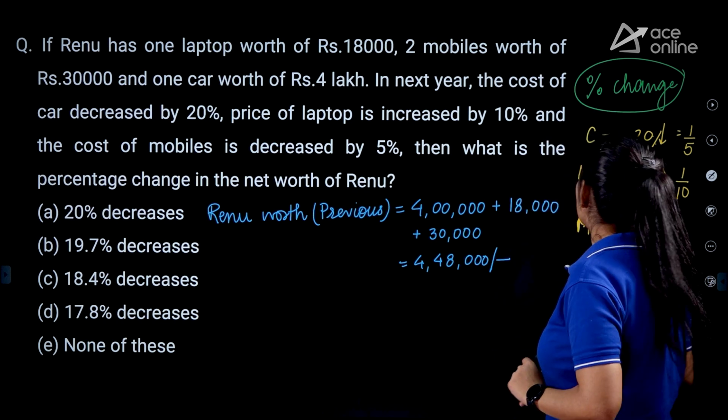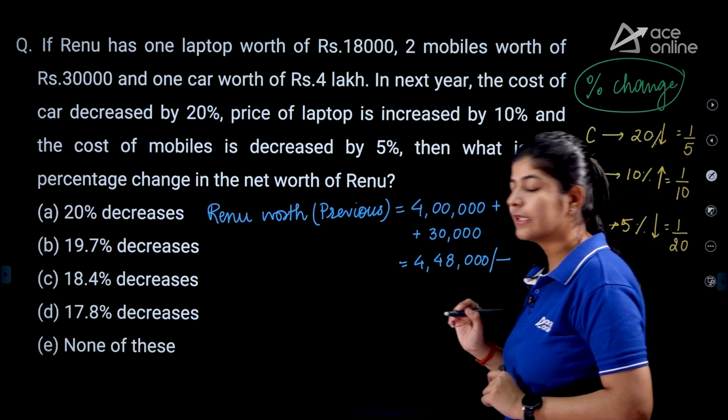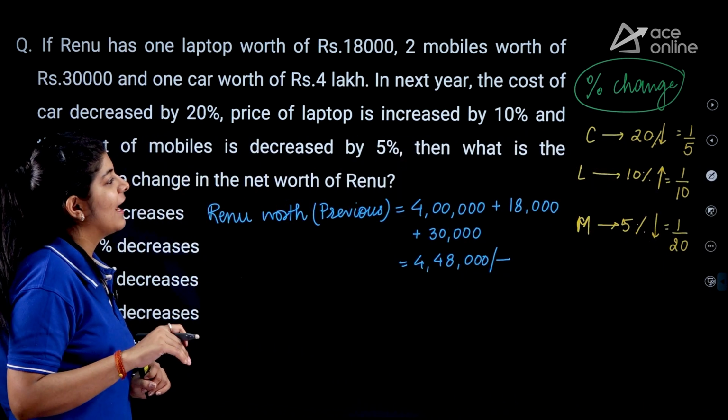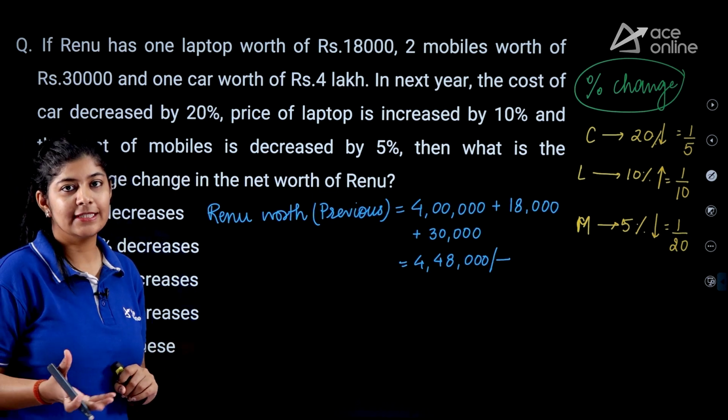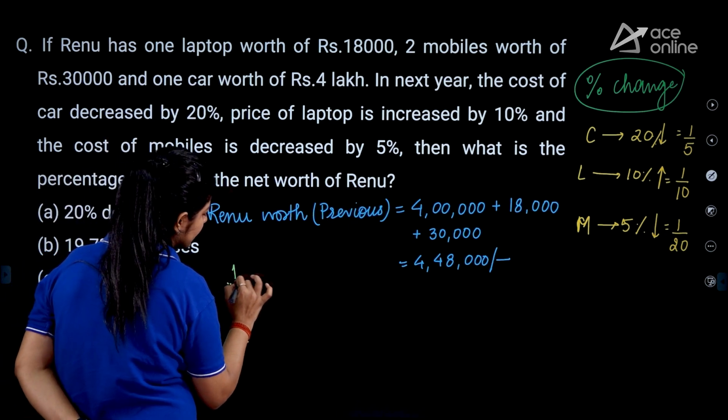Okay. Now what we have to do? We have to determine the current worth. So the question says that the worth of the car in the next year is decreased by 20%. That means it is decreased by 1 by 5.